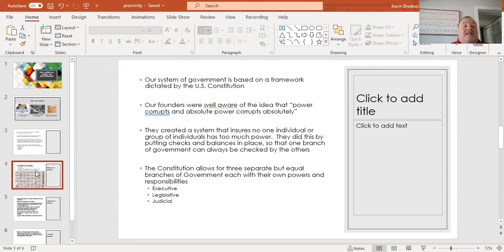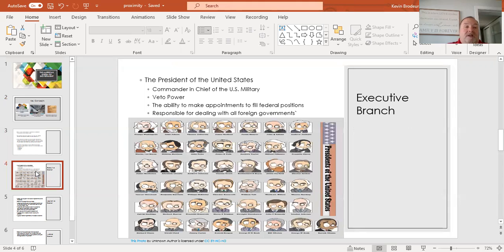Let's first take a look at the executive branch, which consists of the President of the United States. The President is the commander-in-chief of the US military. He has veto power over Congress, which we'll get into when we talk about the legislative branch. The President has the ability to make appointments to fill federal positions. He's also responsible for dealing with all foreign governments.